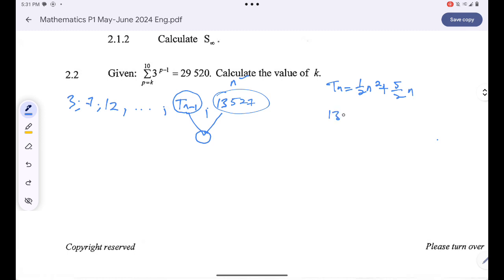Tn, we are told, is 13,527. This is equal to 1 over 2 n squared plus 5 over 2 n. I'm just going to multiply each and every term by 2. That's 13,527 times 2, and this will give me 27,054 is equal to n squared plus 5n.